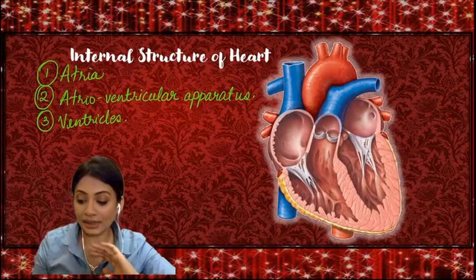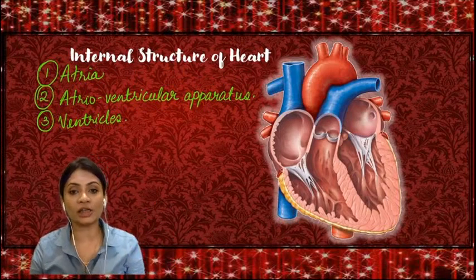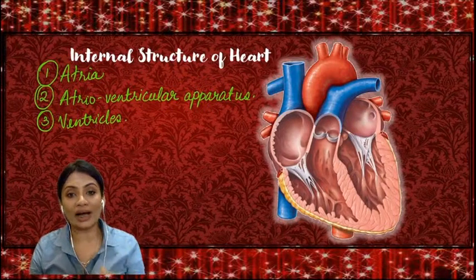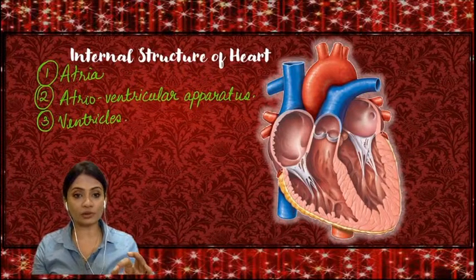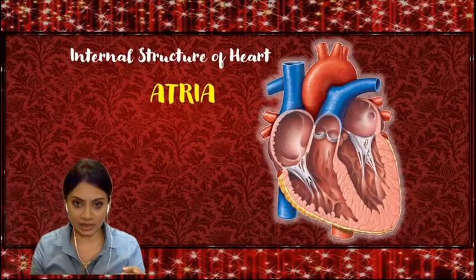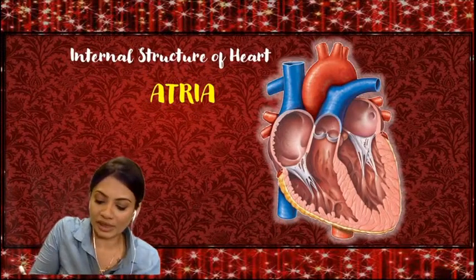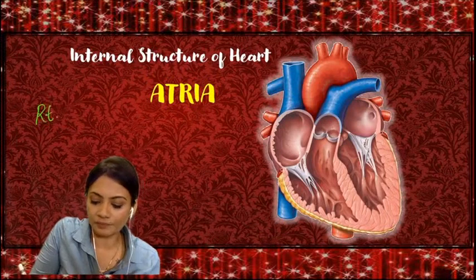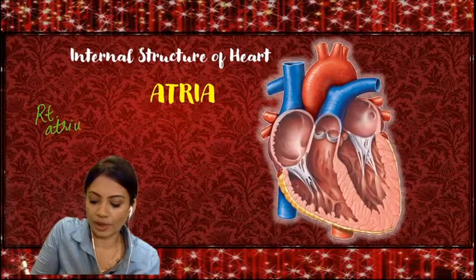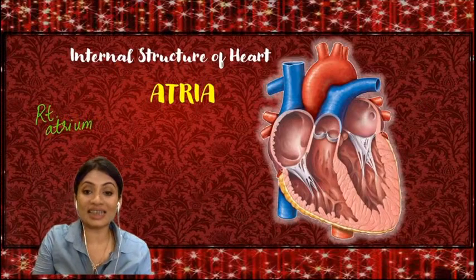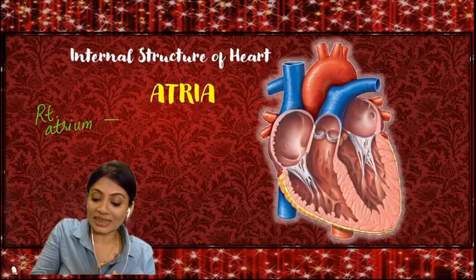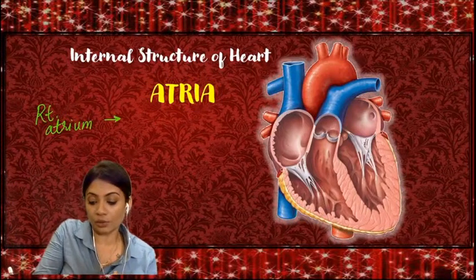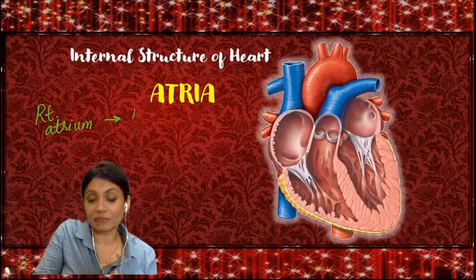Now let us begin our answer of internal structure of the heart while we talk initially about only the atria. When we talk about only the atria, we're going to begin our answer with the right atrium. After the right atrium, we see that there is a separation between the right and left atrium. So the second part of the answer will be about the septum that is between the atria.